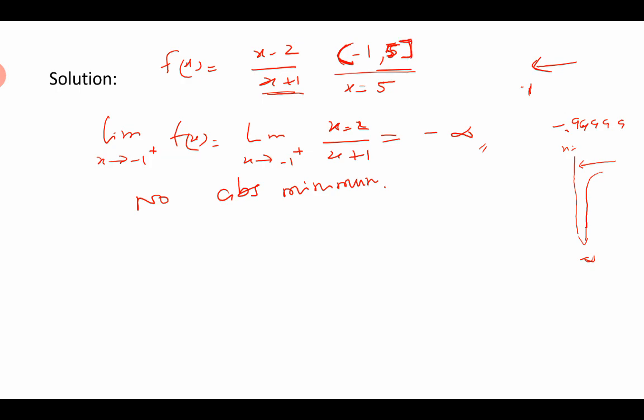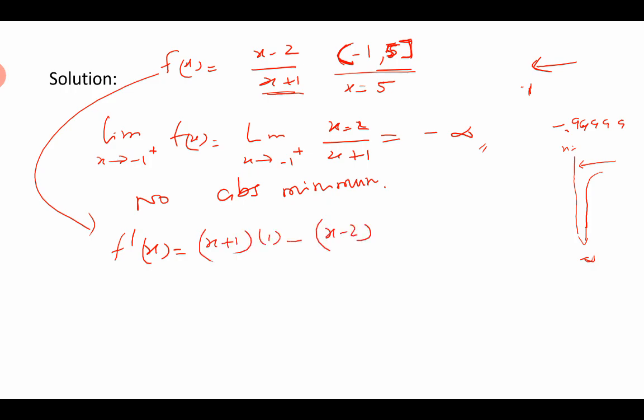And we can find the first derivative as well. First, f dash of x, differentiate it. x plus 1 times the derivative of x minus 2, which is 1, minus x minus 2 times the derivative of x plus 1, which is 1, divided by x plus 1 whole square. Simplify this one, you get 3 over x plus 1 whole square. So it cannot be 0 nor infinity, isn't it?